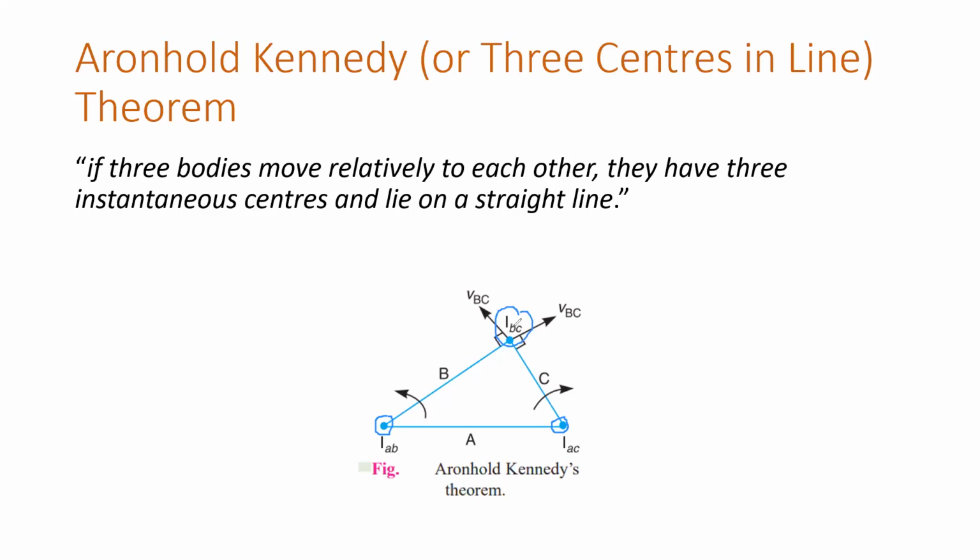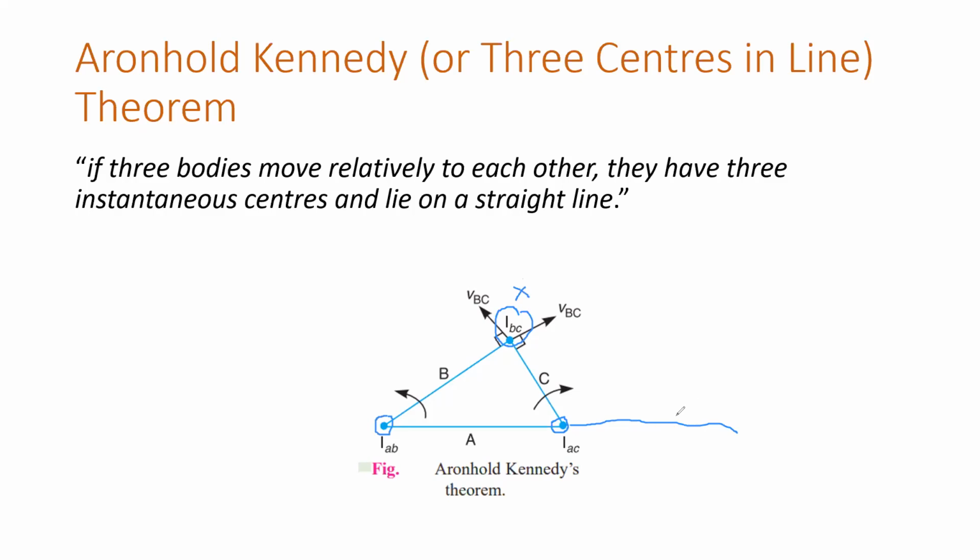Okay, so Kennedy's theorem says that all three centers will lie on a straight line. So we should know for sure that ICR BC must be on the extension of the line joining the first two points. It means ICR BC will not be here.